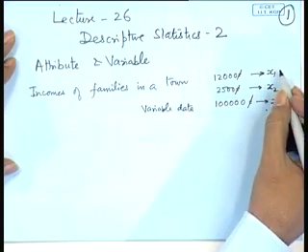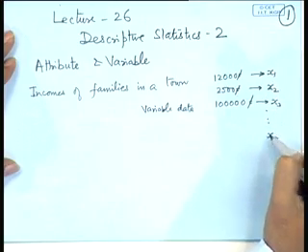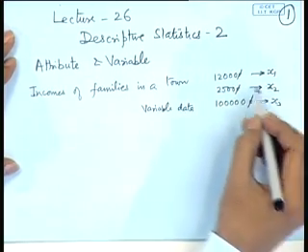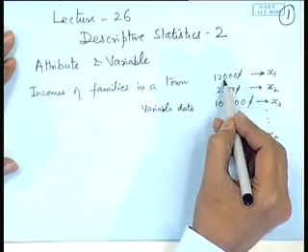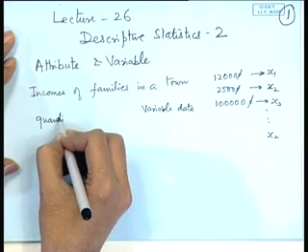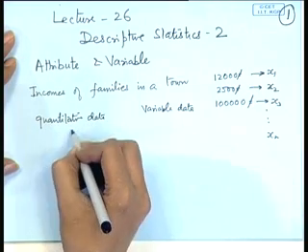So, the data is recorded in the form of variables x1, x2, x3, ..., xn. These are called quantitative variables, because corresponding to each variable we have a numerical value associated with it. So, this is termed as quantitative data or quantitative variables.